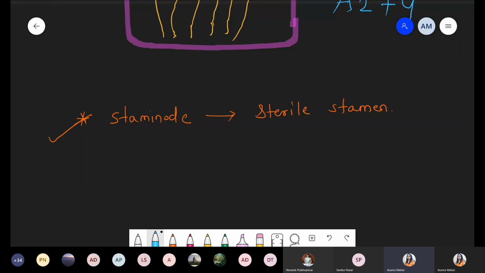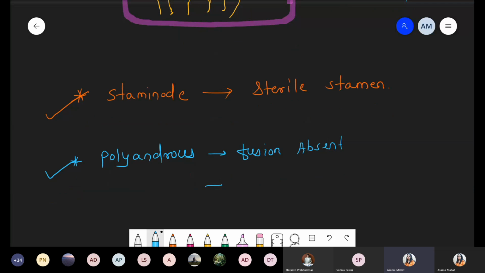Another one we are talking about is the polyandrous condition. Polyandrous means that fusion is totally absent, or in other words, the stamens are present in free form.